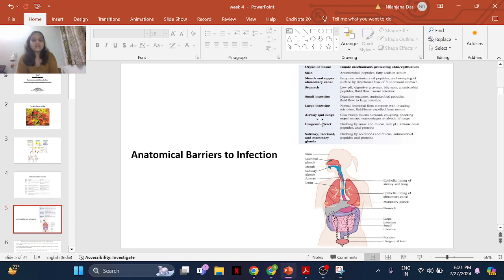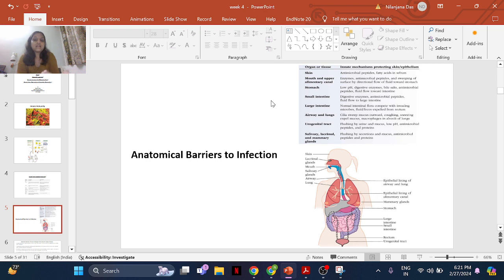The large intestine has normal intestinal flora, our gut microbiome, which competes with the invading microbes. The fluid or feces flowing from the mouth and upper alimentary canal to the stomach, small intestine, and large intestine is then expelled from the rectum.